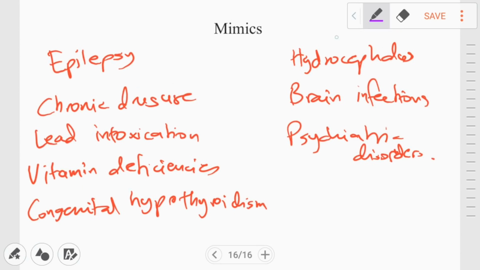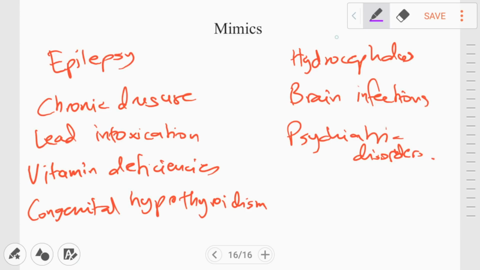Finally, there are some diseases and illnesses which can mimic inherited neurodegeneration disorders. These include epilepsy, especially if it's not controlled well, chronic drug use, heavy metal intoxications, especially lead. A feature to remember in lead intoxication is irritability.